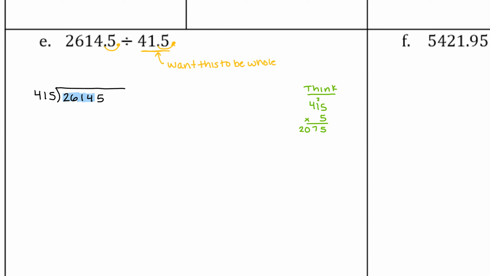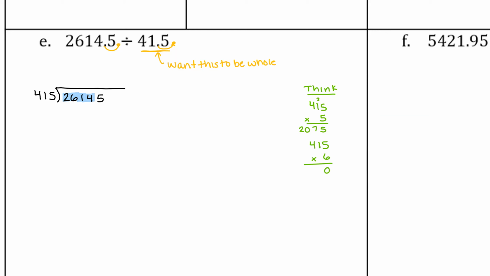That's not really that close to 2614. So let's do 415 times 6. Now, if you don't want to do the multiplication, you could just add 415 to 2075, but I'll do the multiplication.